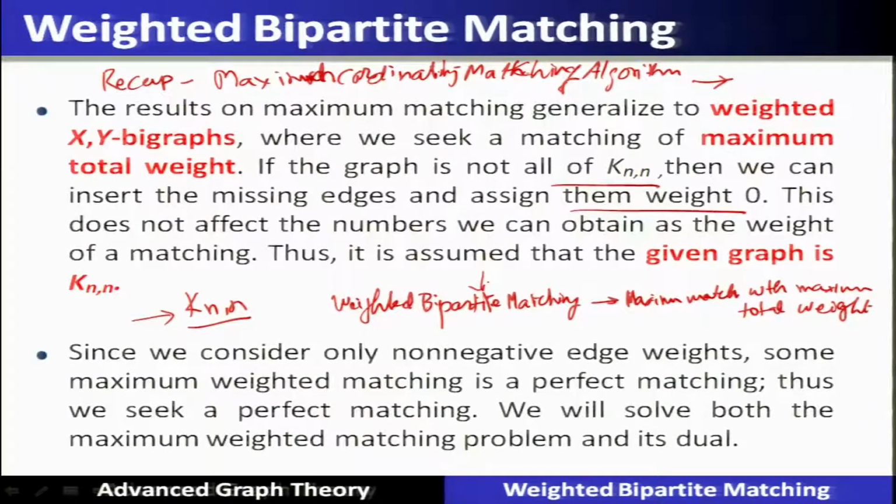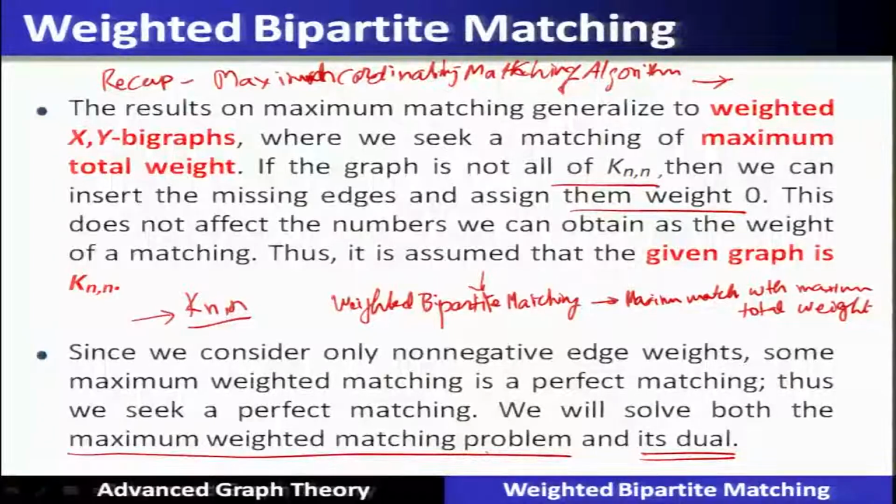Since we consider only non-negative weights on the edges, some maximum weighted matching is a perfect matching, and thus we seek the perfect matching. We will solve both the maximum weighted bipartite matching and its dual in this problem setting. So, we will see what its dual is.